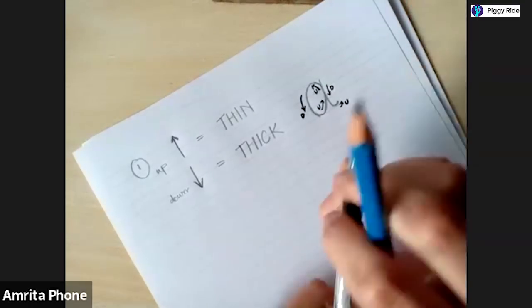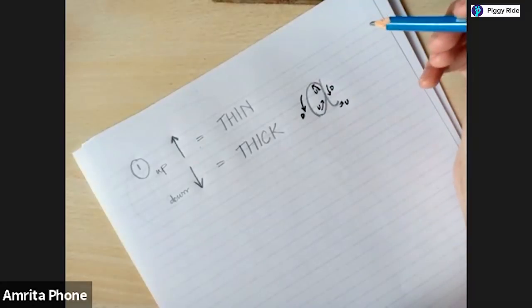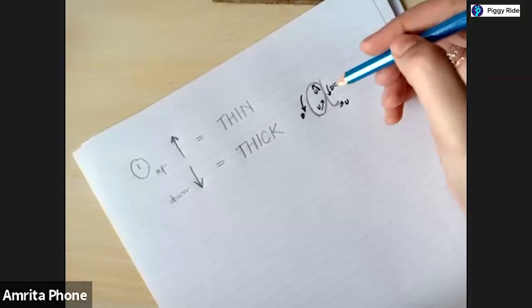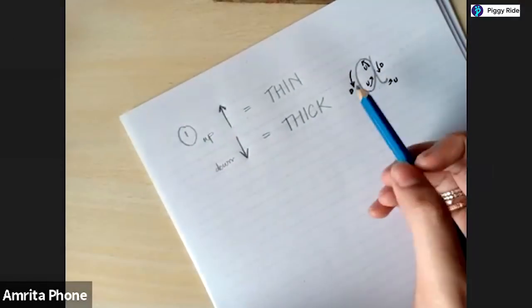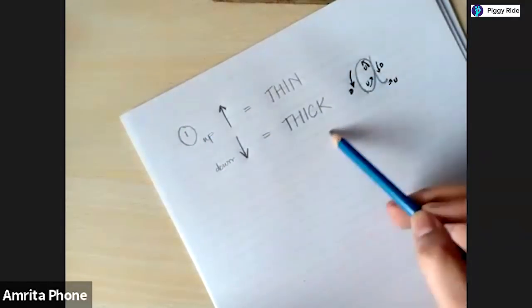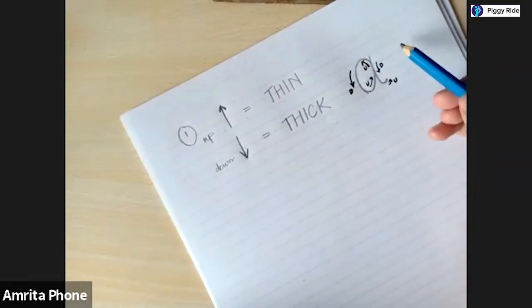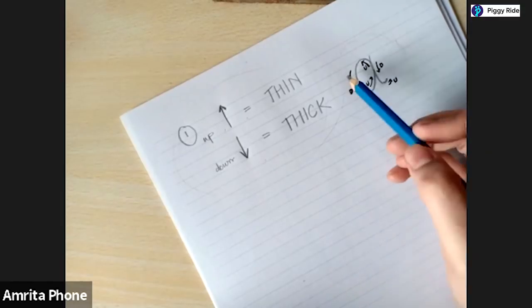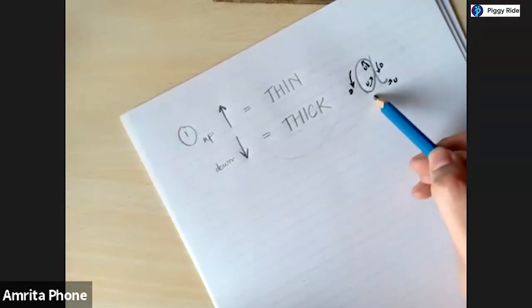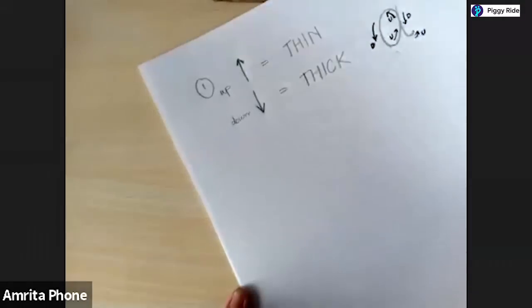So now we have divided this alphabet into upstrokes and downstrokes. We've defined where it is up and where it is down. Now we know the rule that upstroke should be thin and downstroke should be thick, and we also know where in this alphabet the upstrokes and downstrokes are. Now we will apply this rule to the alphabet.